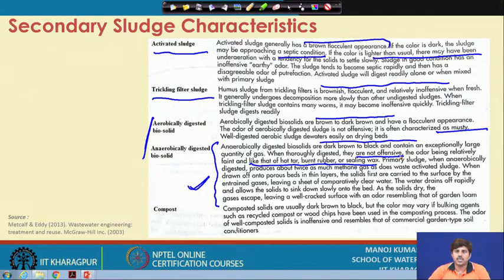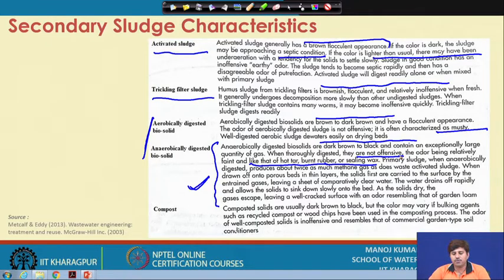Because in waste activated sludge, the majority of the organic matter has already been decomposed once, half of that has already been converted to CO2 and that kind of thing. So, the potential for methane production is not that high, and in fact the primary sludge has much higher methane production potential.